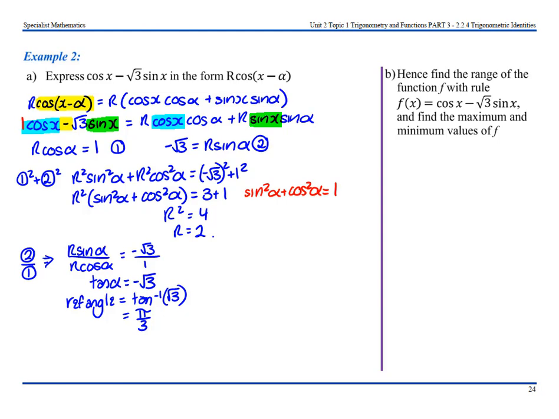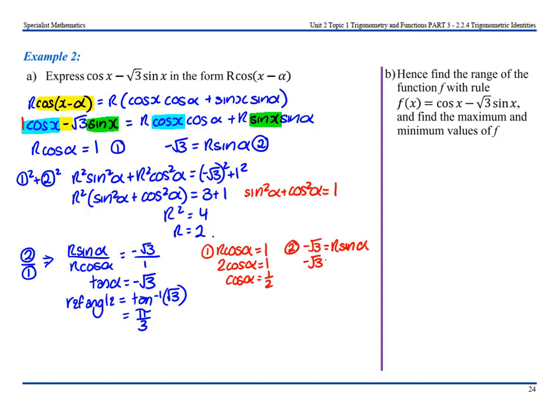Now, think about what we've got. For equation 1, we have r cos alpha equals 1. So that means 2 cos alpha equals 1, cos of alpha equals 1 on 2. From equation 2, we have negative root 3 equals r sine alpha.